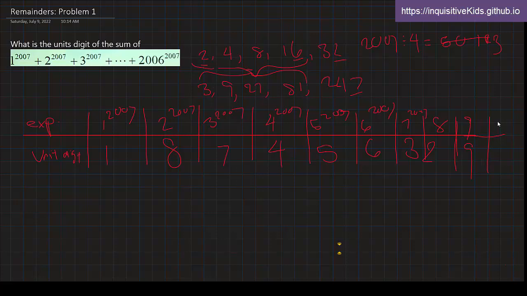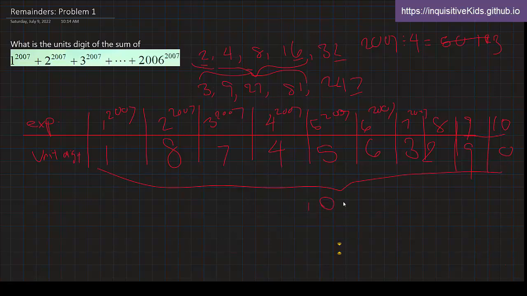So let's look at 10. Well, 10 is always going to have a unit digit of 0. And if it's 11, we're back to the start of the rotation, it's going to end with 1 every single time. So now let's look at this entire pattern: 1, 2, 3, 4, 5, 6, 7, 8, 9, 10. This is a rotation of 10.